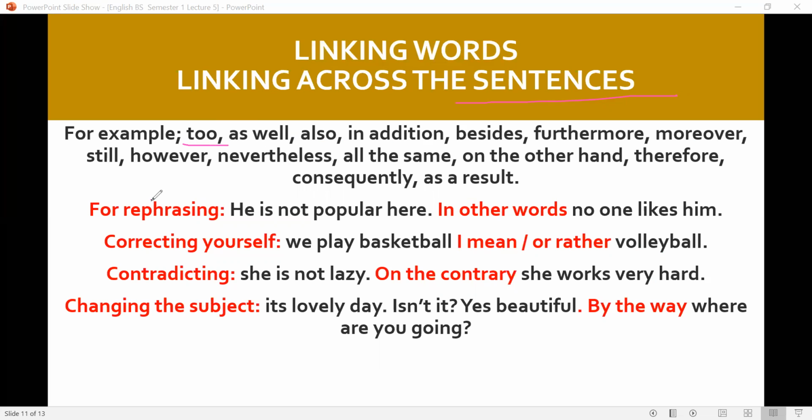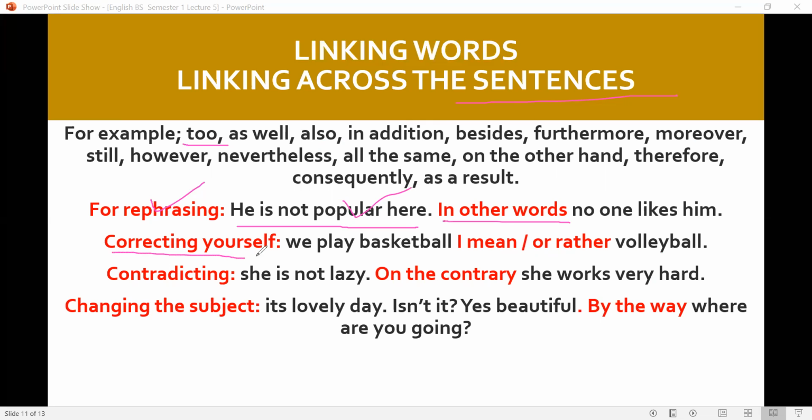We use these words for rephrasing what we have said in our previous sentence or clause. He is not popular here. In other words, no one likes him. We have rephrased the sentence to explain what we said in the previous sentence.